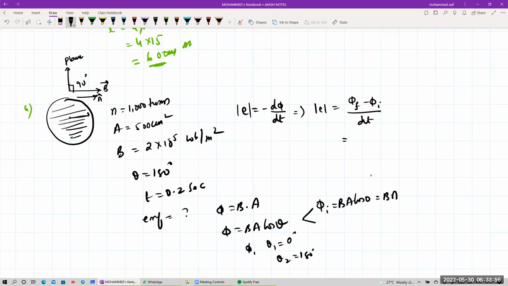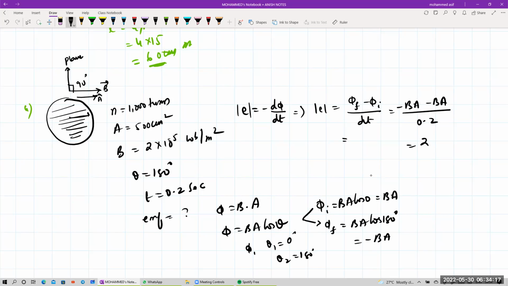So that will be equal to BA. The next one, the final flux will be equal to BA into cos of 180 degrees. Cos 180 is how much? Minus BA. So if I write here, minus BA minus BA divided by time. In how much time? 0.2 seconds.